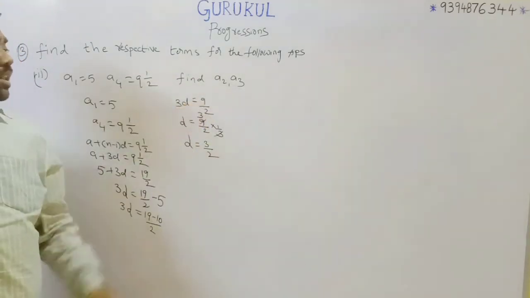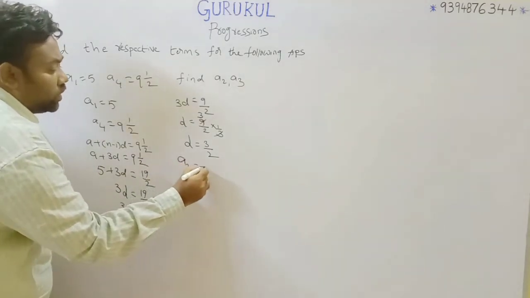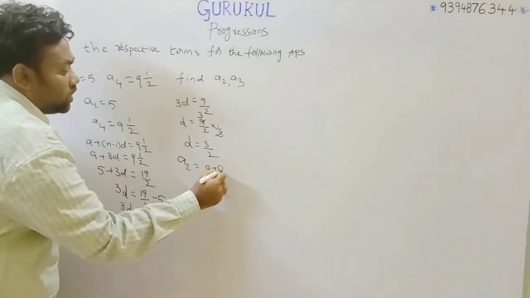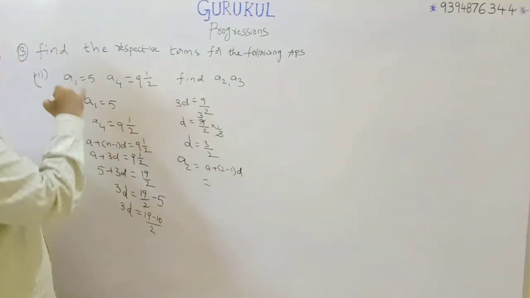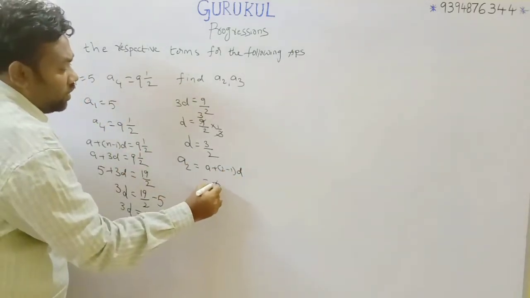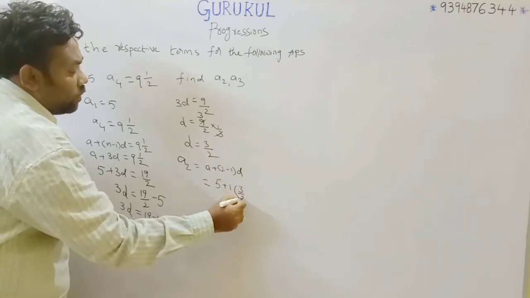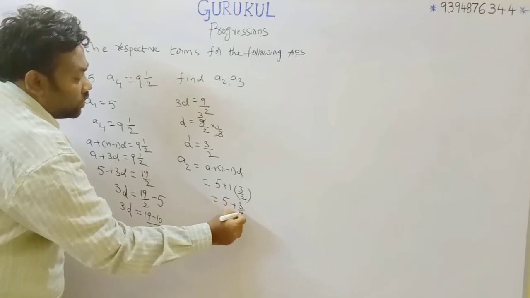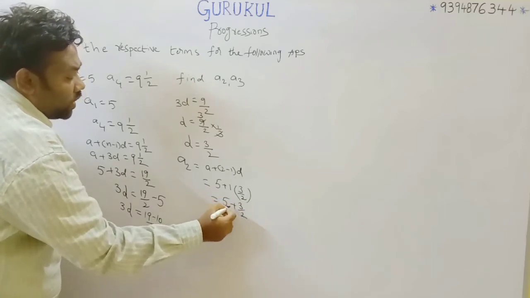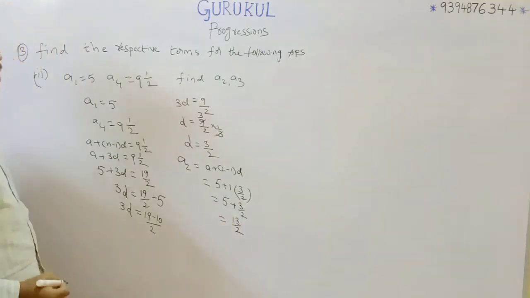Now find the value a2. a2 equals a plus (2 minus 1) into d. What is the a value? First term is 5. 1 into the d value 3 by 2. So 5 plus 3 by 2. 2 into 5, 10. 10 plus 3, 13. 13 by 2.